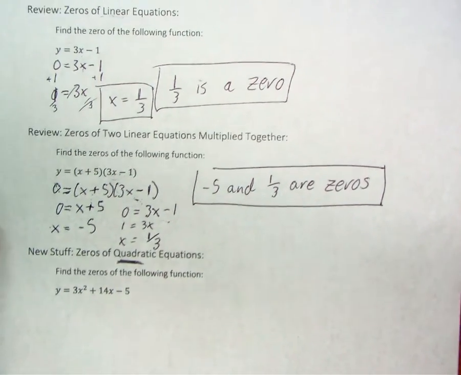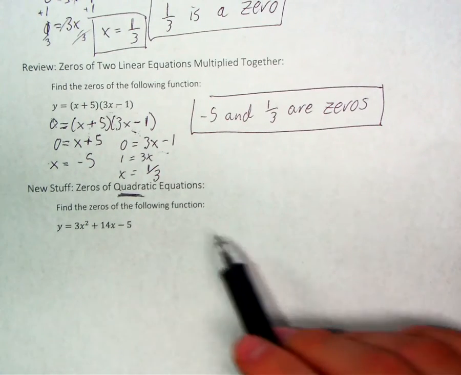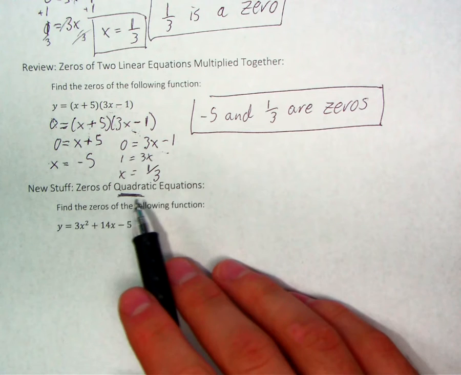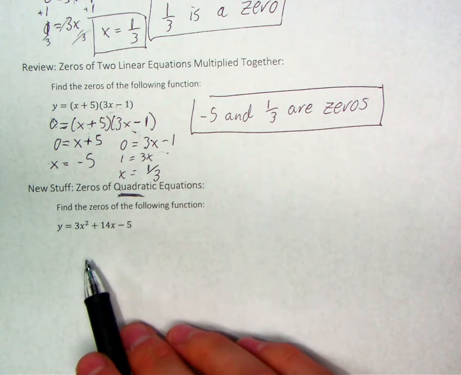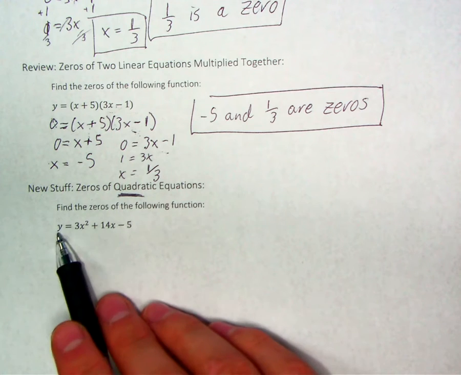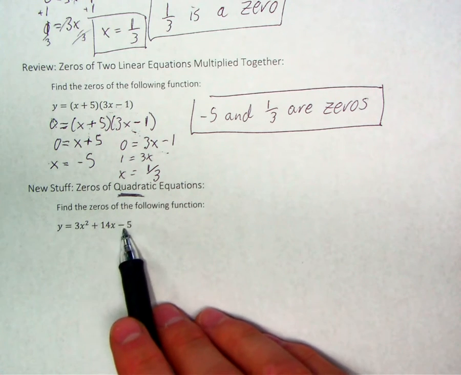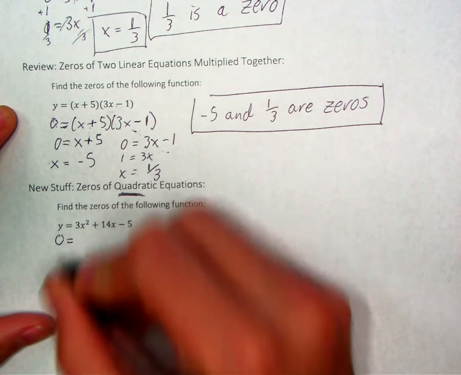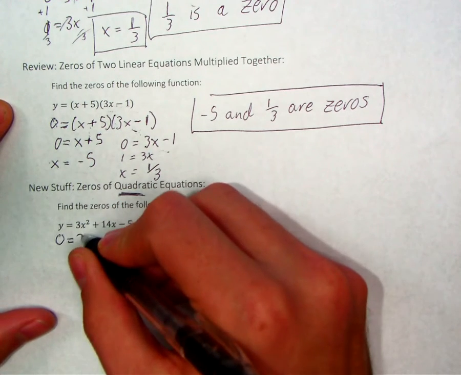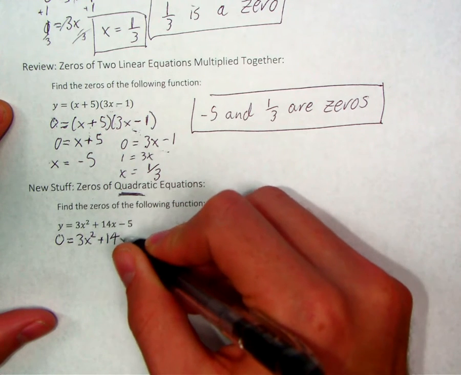Okay. Now for the new stuff. Okay, this is the meat and potatoes of this video. We're finding the zeros of quadratic equations. So, how do we find the zeros of this quadratic equation right here? 3x squared plus 14x minus 5. Well, it's the same concept. We're trying to figure out what does x equal when y is equal to 0. How are we going to do that?